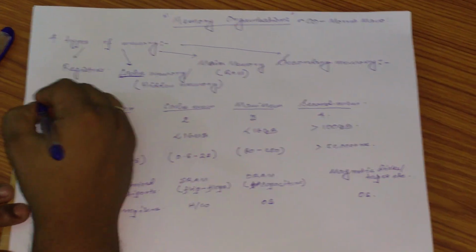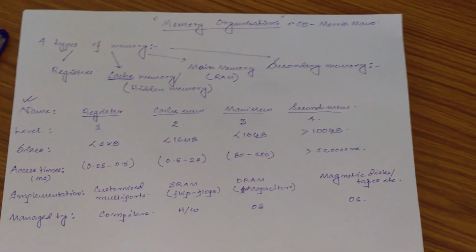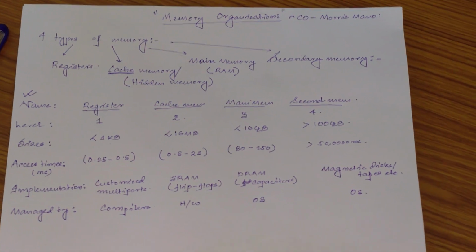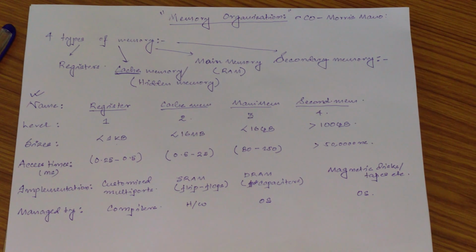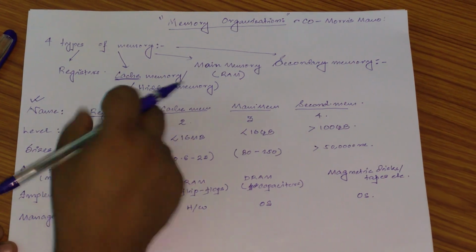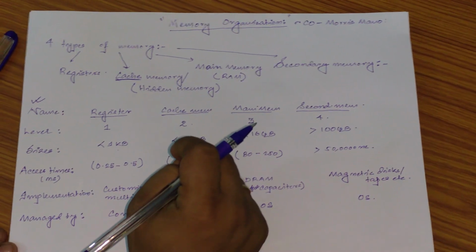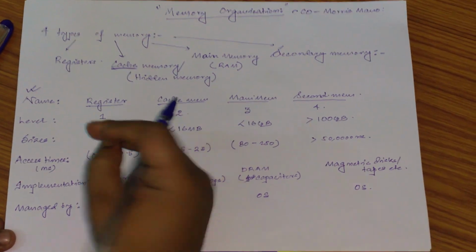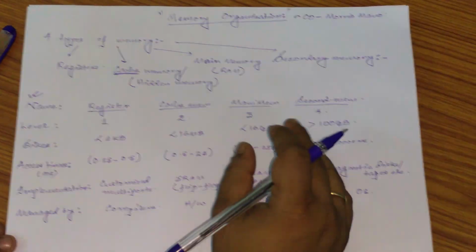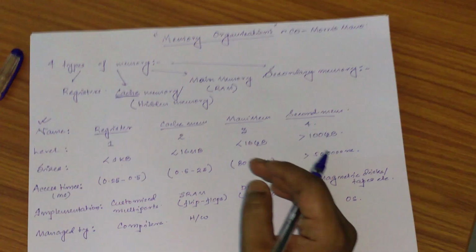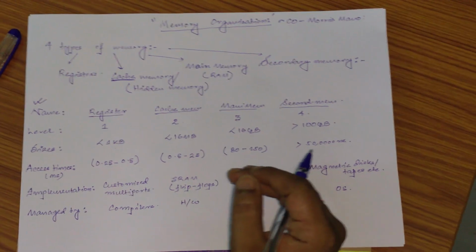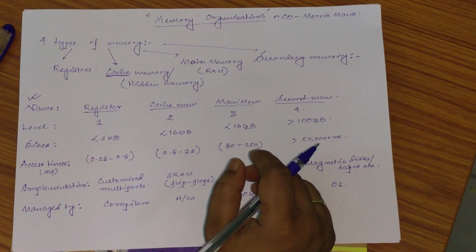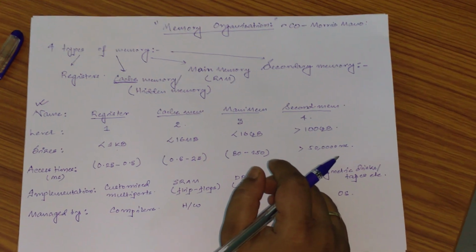So these are some of the distinctions of different types of memory present in the computer. We can see that the registers are the fastest and the smallest memory, and they have a higher cost than all the others. By seeing all the memory, we can say that we can form a type of hierarchy for these memories.